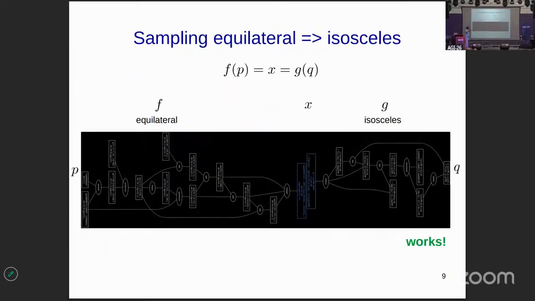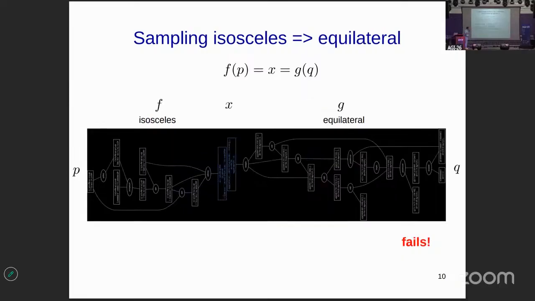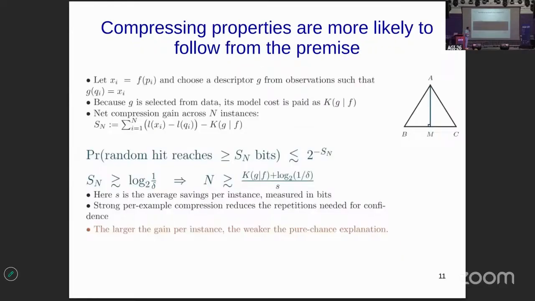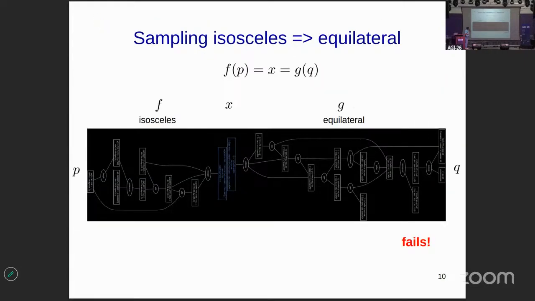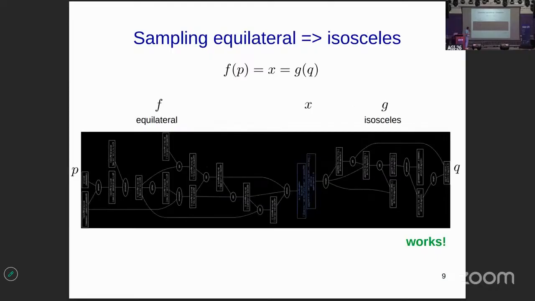And here's how it works in my system, William. Here's the graph for the equilateral triangle. Here's the one for the isosceles. And you sample a parameter, and then, oh, there should be an animation. Okay. There should be values propagating from here to there, and this should be inverted here.